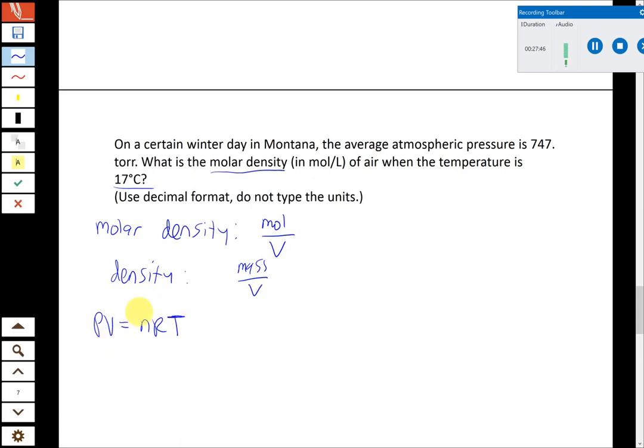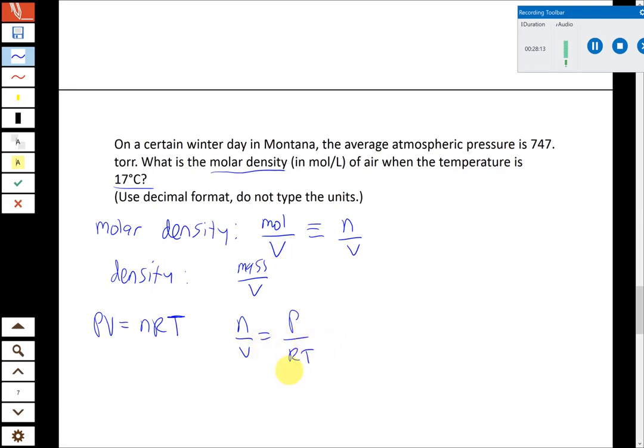So molar density is moles over volume, which is the same thing as n over V in the ideal gas equation, where we use n to abbreviate number of moles. So we're going to start with PV equals nRT, and solve for n over V. So n over V, if we rearrange this equation, is going to be equal to pressure over RT.